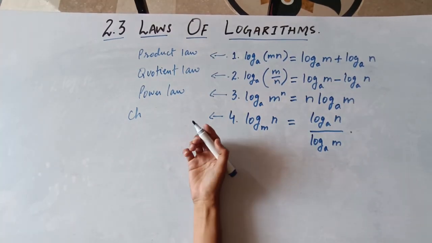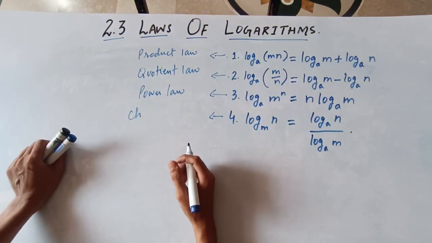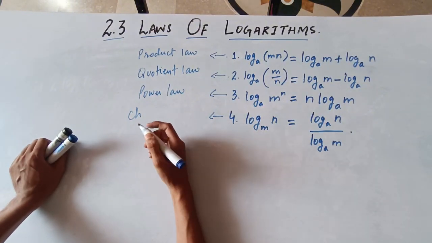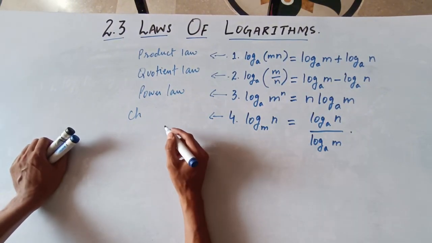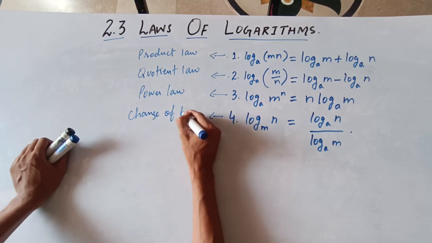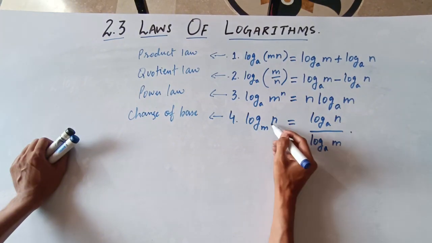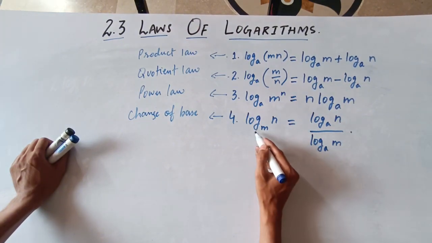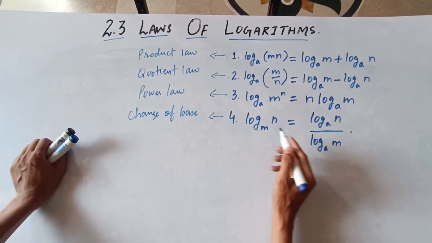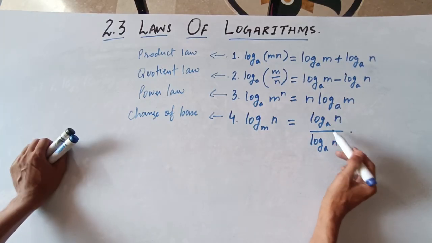Sometimes it is a requirement of the question that you need to change the base to do some task which is asked in the question. That's why we will use this law as well, and it is called the change of base law. In the numerator your n will come, and whatever the actual base of the question is will come in the denominator, but over here you write the same new base. You need to remember this.